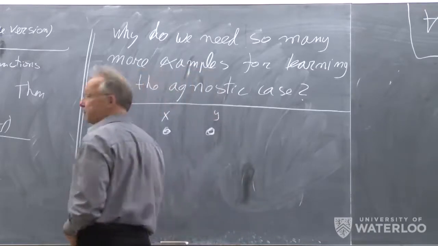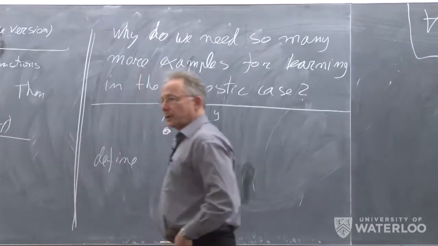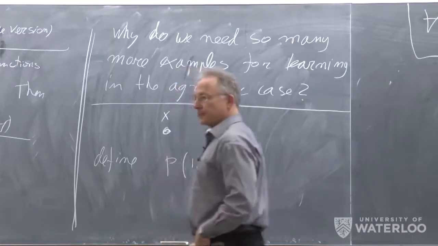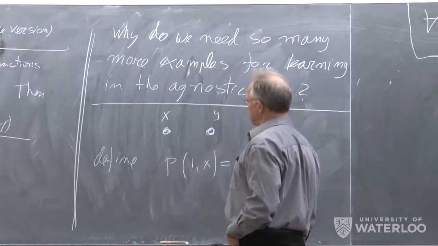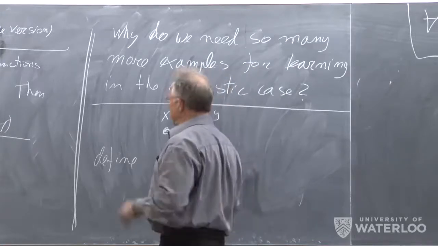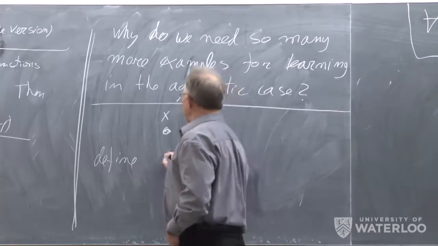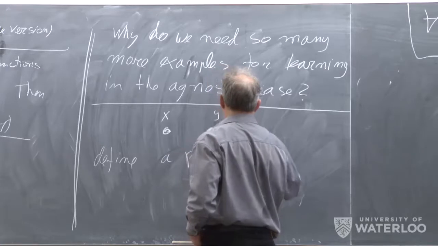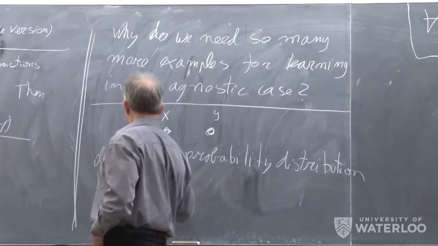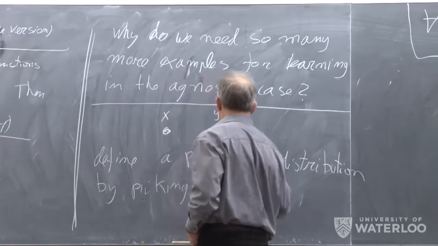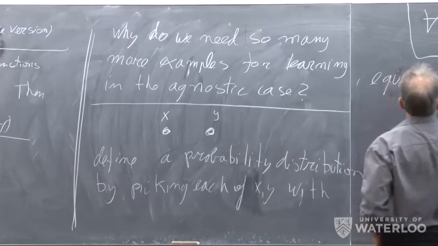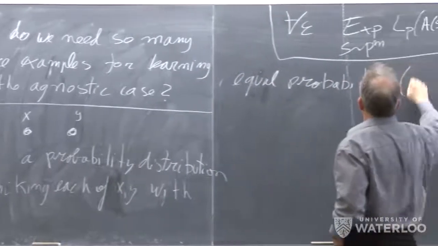Let's define a probability distribution by picking each of x, y with equal probability, which is going to be half.